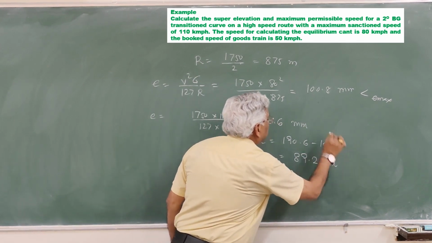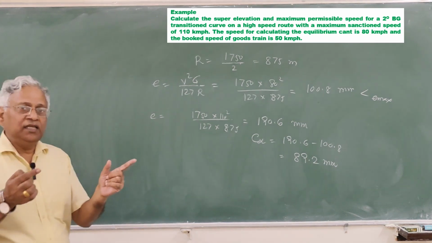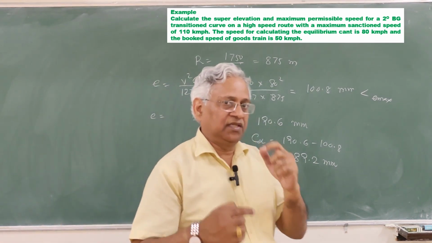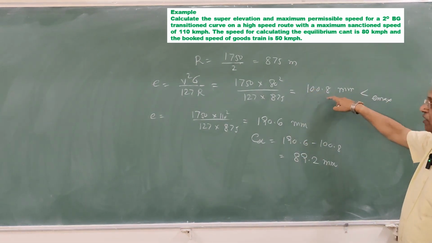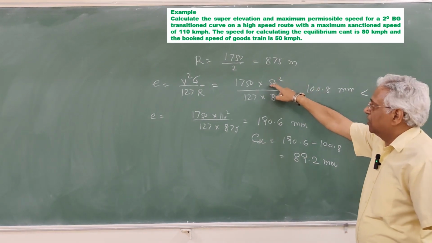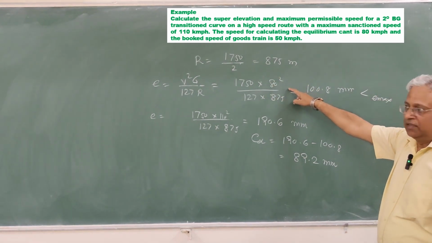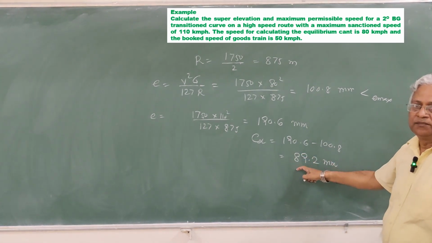millimeter. Now this is more than your normally permissible limit of Cant deficiency, 75 millimeter. But when you are putting this kind of restrictions on speed, that the curve to be designed for 80 km per hour, then in that case this can go up to 100 millimeter.